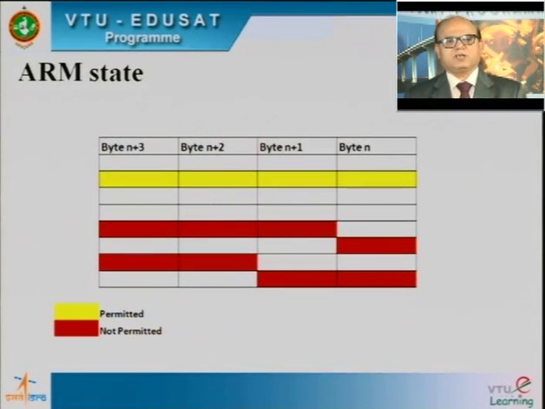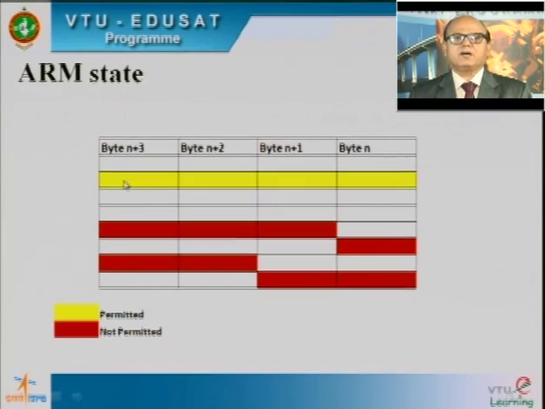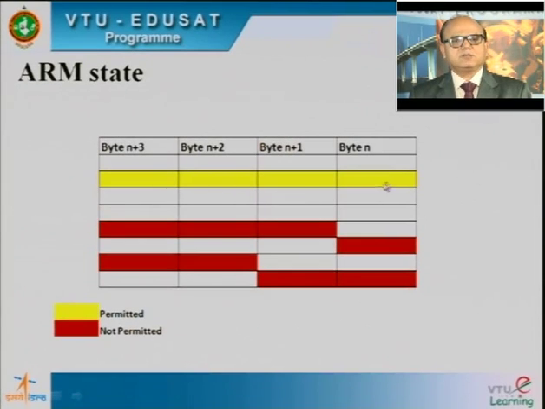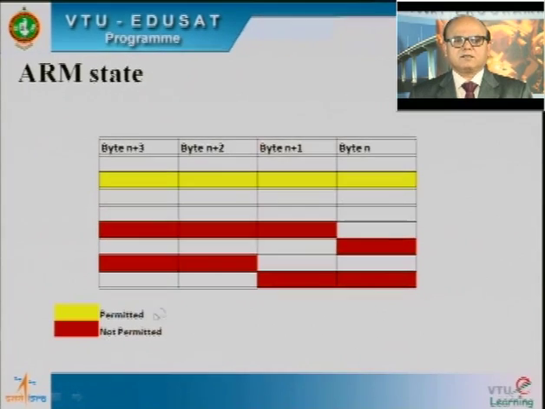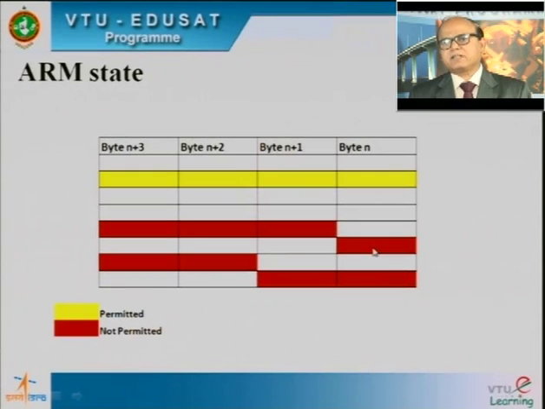Here I have shown the diagram of the memory organization. I have shown a yellow color field: byte number n, n plus 1, n plus 2 and n plus 3. These are the 4 bytes occupied by an instruction of the ARM state, and this naturally is permitted, whereas the bytes filled with the red color are not permitted, that means these are not word aligned.